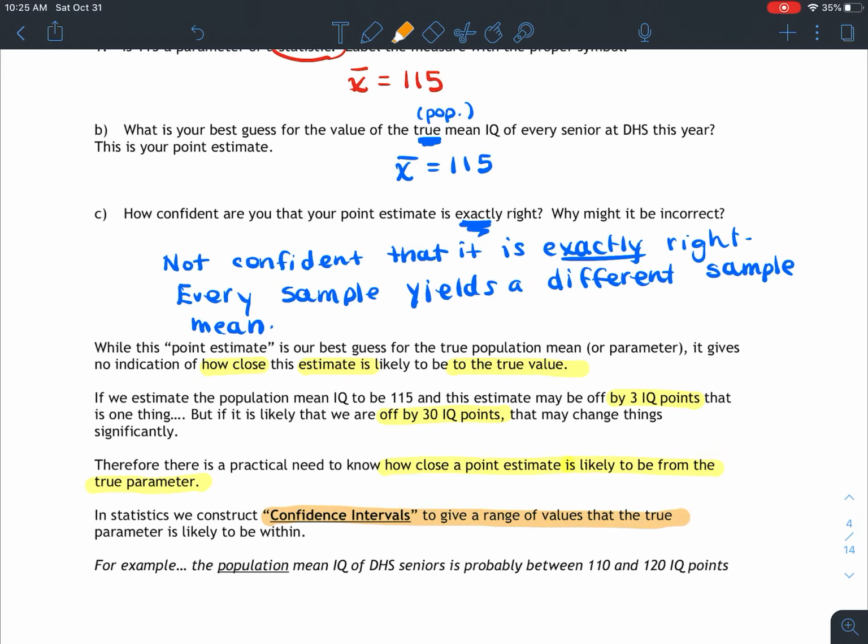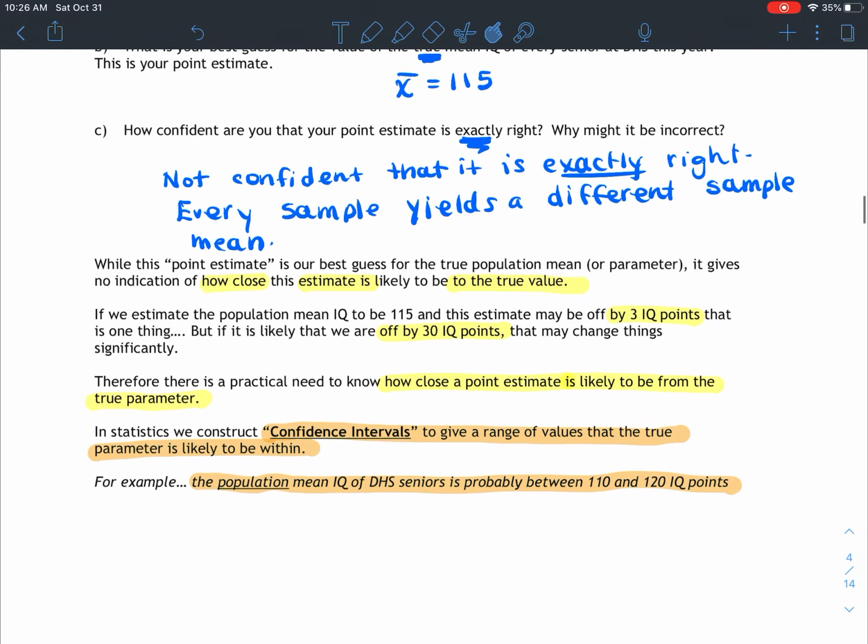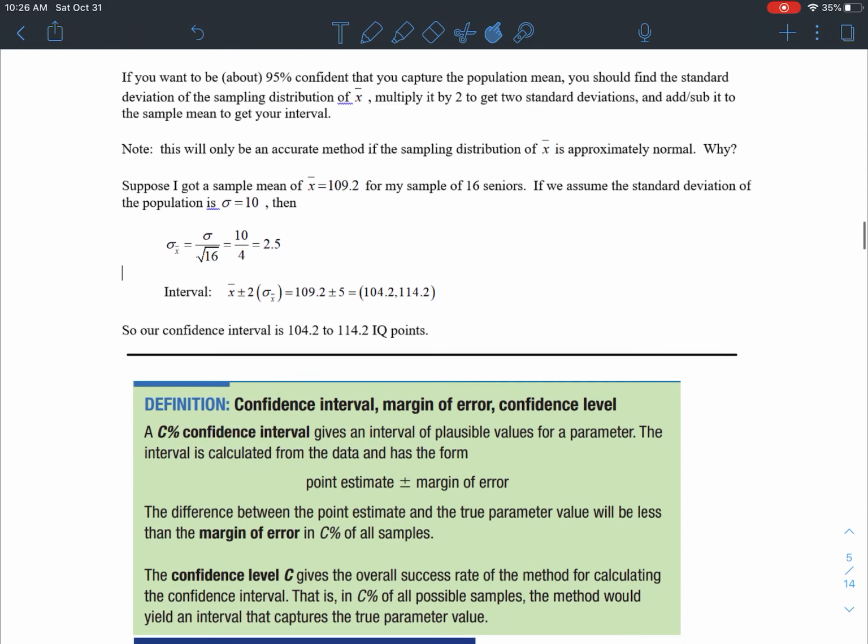What confidence intervals do is they give us a range of values for which that true parameter is likely to fall within. So for example, instead of saying our best guess is the average IQ of Dover High School students is 115, I could say something like the population mean IQ of Dover High School seniors is probably somewhere between 110 and 120 IQ points. That feels like giving a range like that is a little bit better.